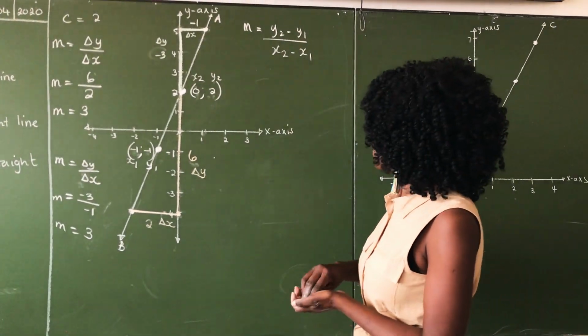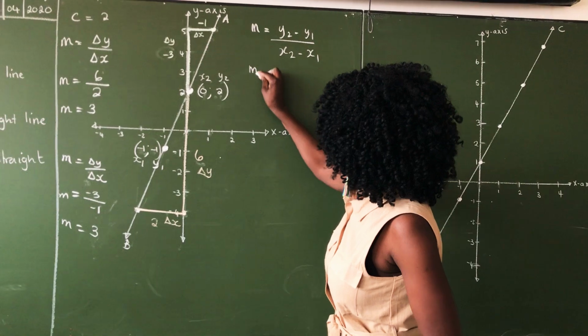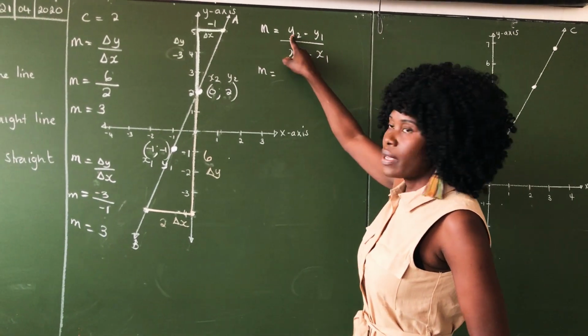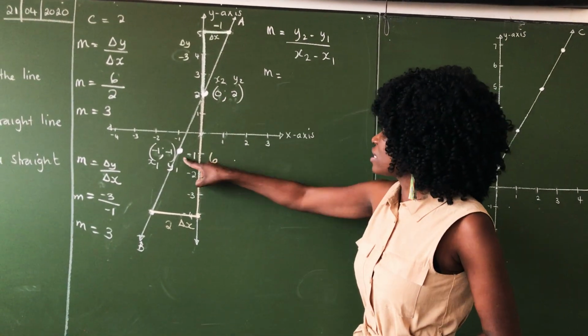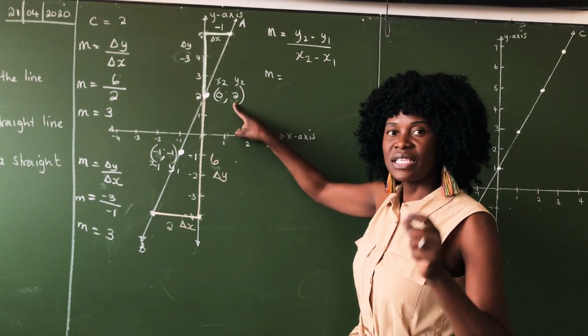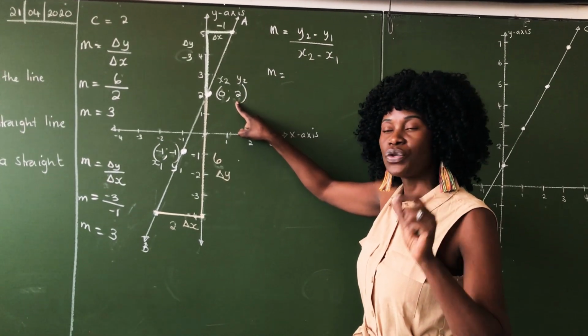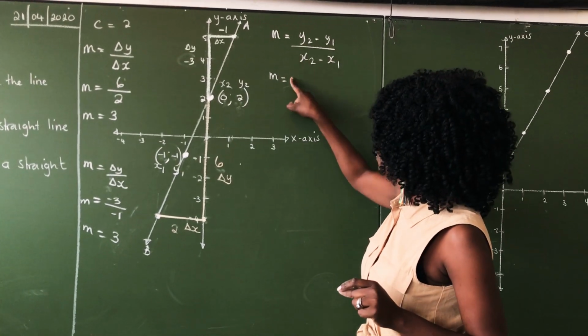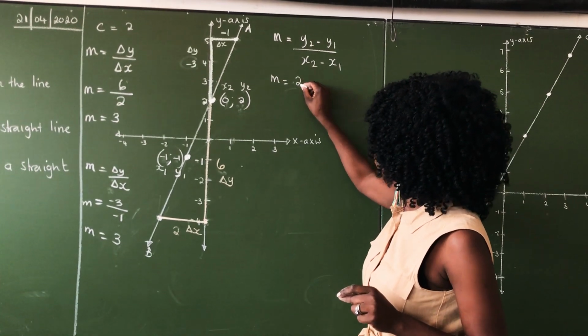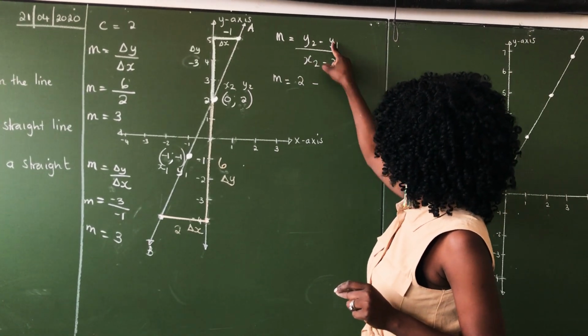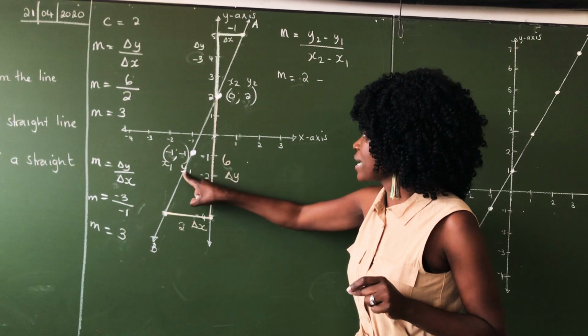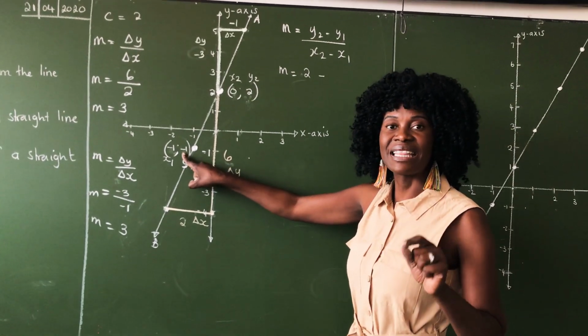Alright, now getting back to that formula. So what is our y2? Looking at these coordinates here, the coordinate that we labeled y2 is +2. So for y2, we replace that with +2 minus y1. What is our y1? Our y1 is -1.